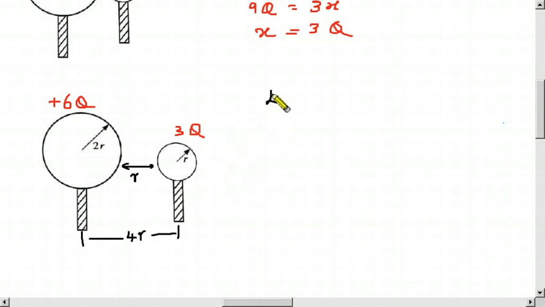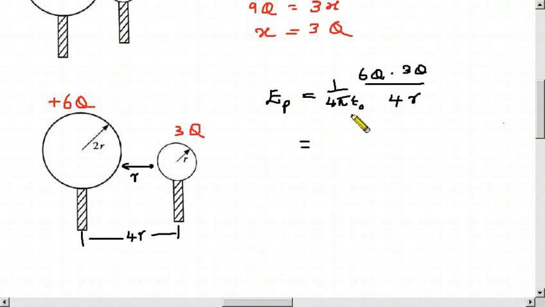Now the potential energy equation: 1 over 4 pi epsilon naught q1 q2, that is 6q times 3q divided by the distance 4r. And simplify. 6 times 3 is 18 q squared, 4 times 4 is 16 pi epsilon naught r.